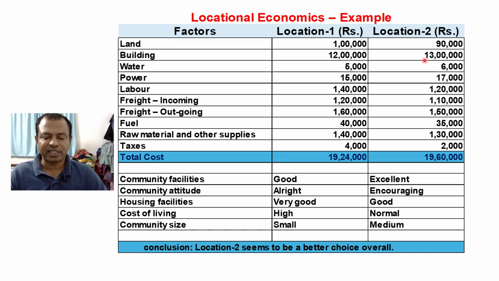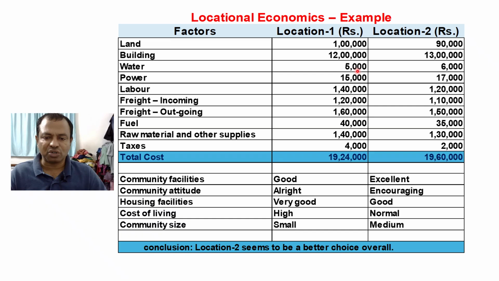In some locations, building a building may be cheaper. And water cost is there, power cost is shown, labor cost is shown, and freight, incoming and outgoing costs are shown here, and the fuel cost. Then raw material and other supplies costs are there. Then taxes.